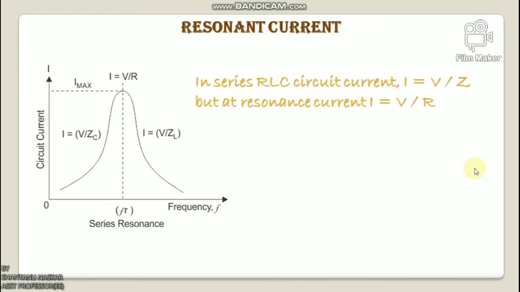Okay, now what is resonant current? In a series RLC circuit, the total voltage is the phasor sum of the voltages across the resistor, inductor and capacitor. At resonance in a series RLC circuit, both inductive and capacitive reactance cancel each other, and we know that in a series circuit the current flowing through all the elements is the same. So the voltage across the inductor and capacitor is equal in magnitude and opposite in direction, and thereby they cancel each other.